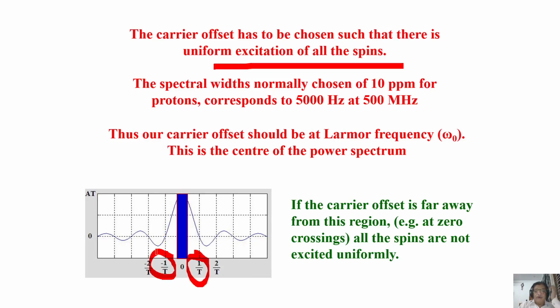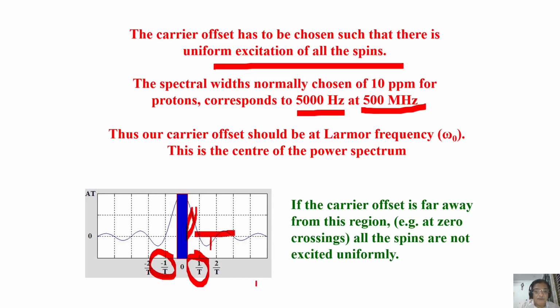Okay? And now, let us say I have to cover a 5000 hertz spectral width at 500 megahertz. Where do I take the spectral width? My spectral width will be defined from the carrier frequency, that 5000 hertz. Let us say this is my carrier frequency. I sit here or I sit here and cover 5000 hertz.